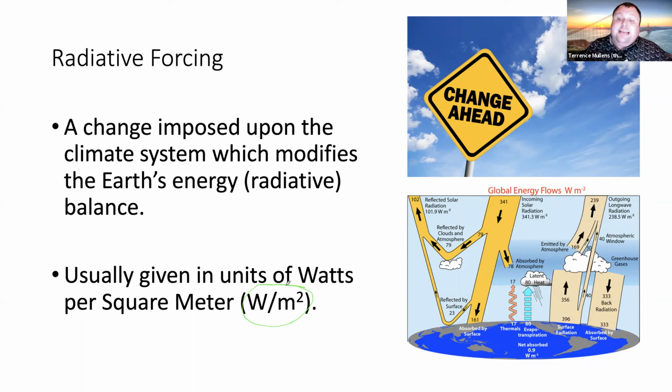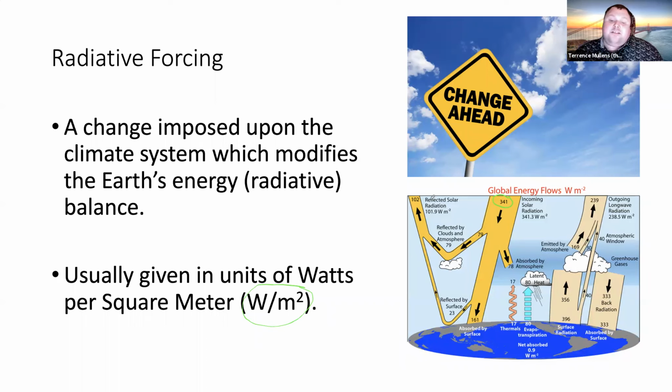Now, the top of Earth's atmosphere receives approximately 341 watts per meter squared of sunlight coming in.